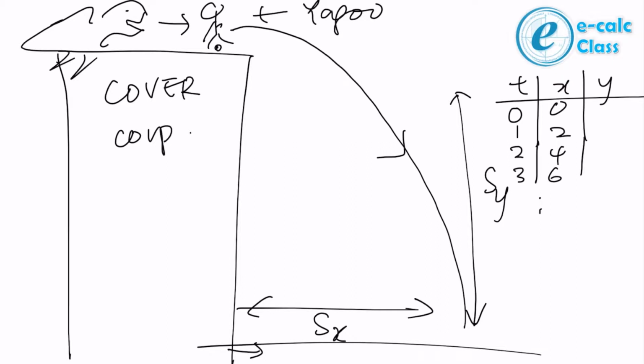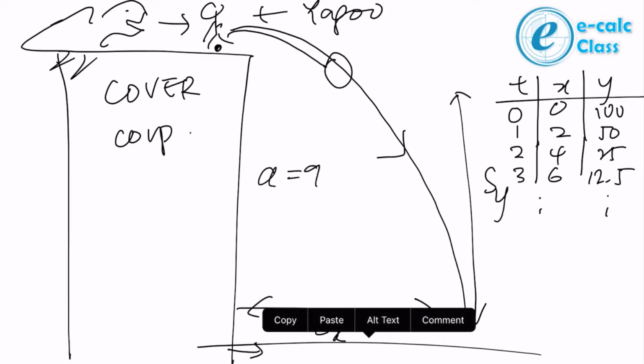Then what about y? When t equals 0, he is still on top, so maybe 100, I don't know. Then at t equals 1, he drops down to maybe 50. I just simply say that. Then 25, 12.5. Of course, I just gave random values here. You know that this is actually free fall, a equals 9.81 meters per second squared.